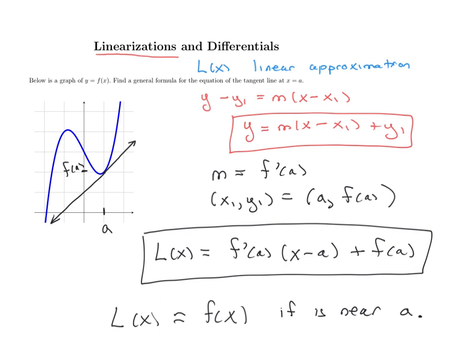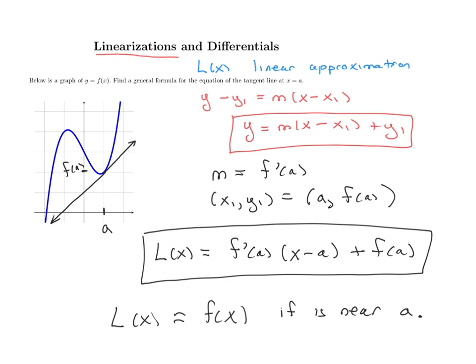And this formula is a line and therefore much easier to compute. This might be very difficult to compute. This only works if you're near a, because the second you get far away from a, here's your linearization, and here's the function, and they're not really close to each other. They're not approximately equal. But as long as you're really close to a, the function and the linearization are very close to each other, so they are approximately equal.